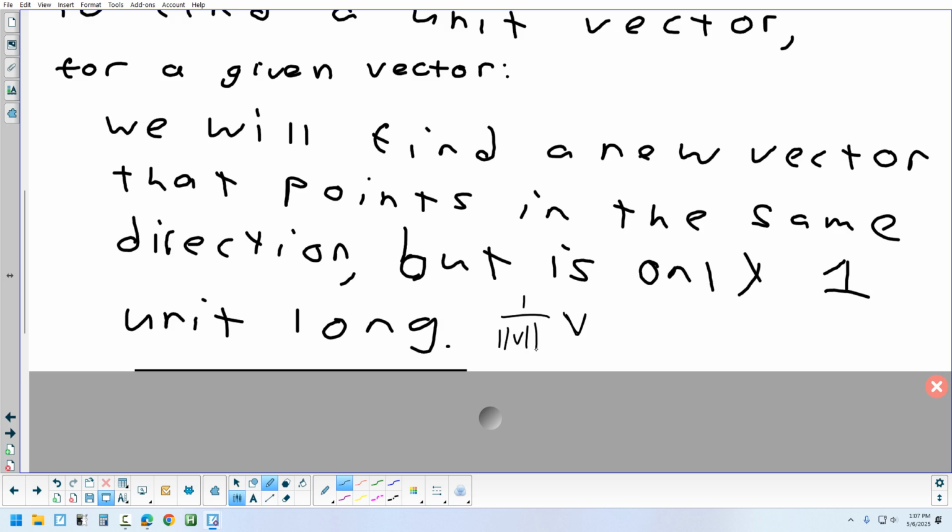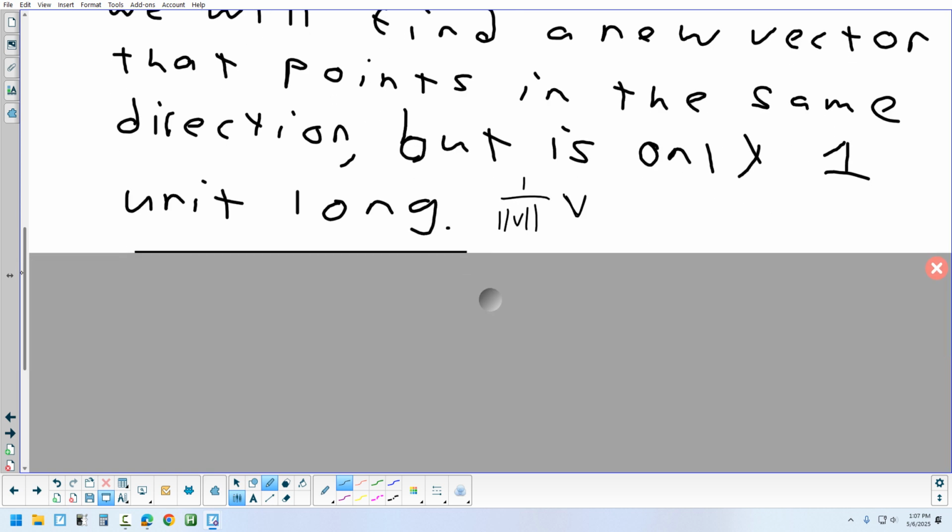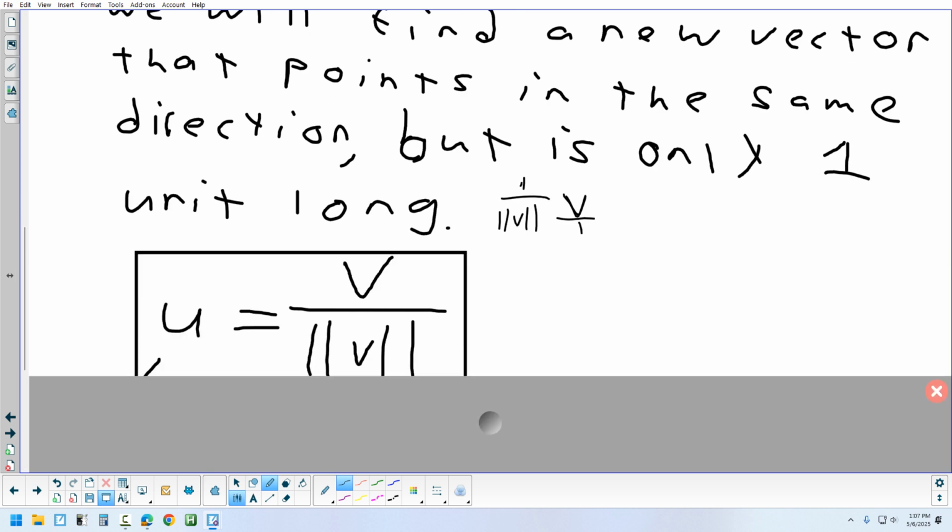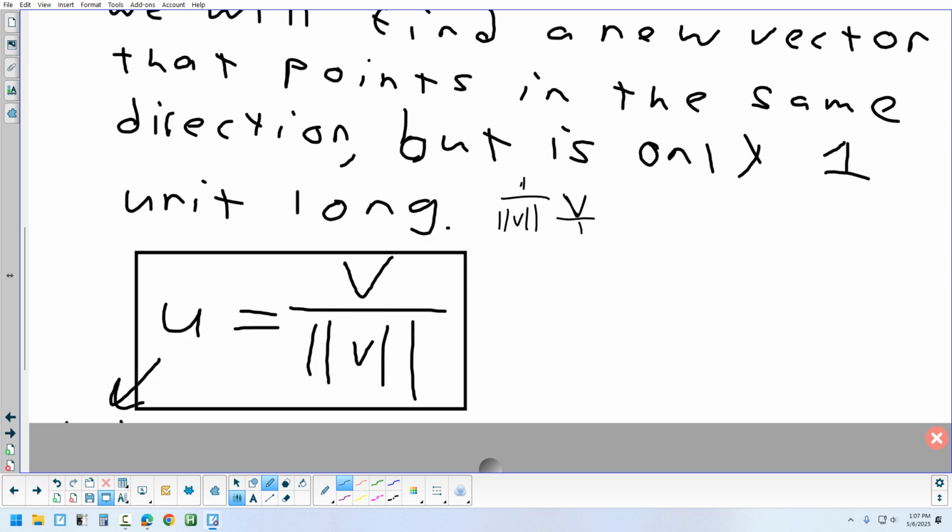You can write it like that, or put it together as a fraction, 1 times v in the top, and the magnitude times 1 in the bottom. So this represents scaling a vector by the reciprocal of its magnitude.